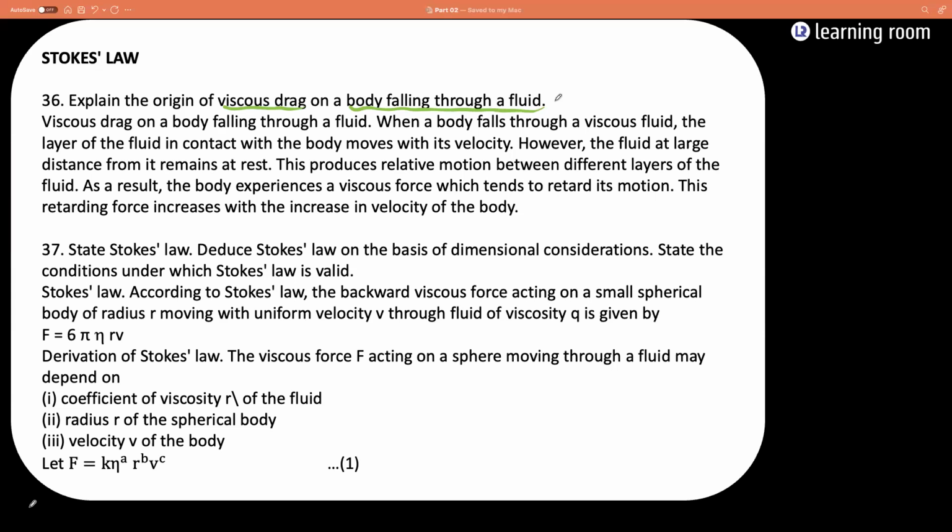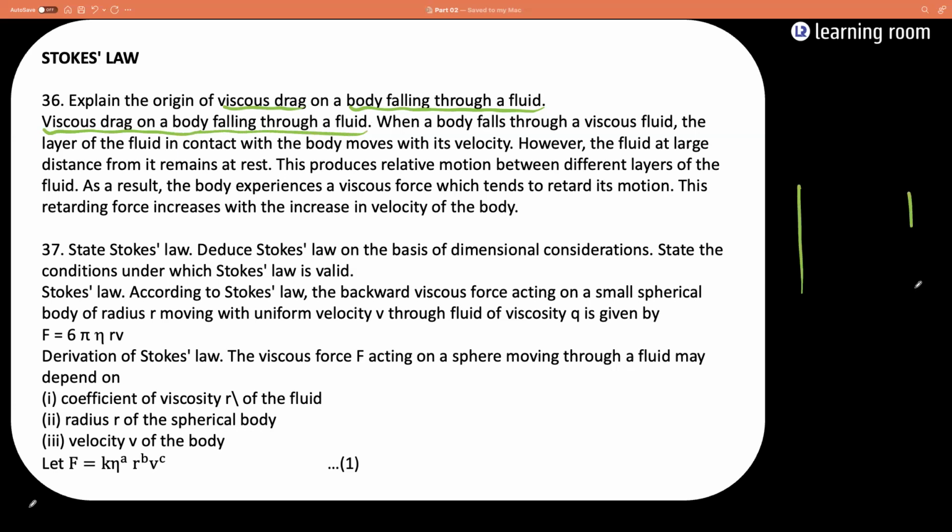See, if suppose I take a solid object and drop it into a liquid, and if that liquid has viscosity, then when the solid is traveling through the liquid, it is going to experience a drag in the upward direction, right? So viscous drag on an object falling through a fluid.